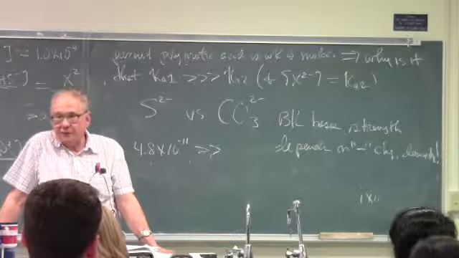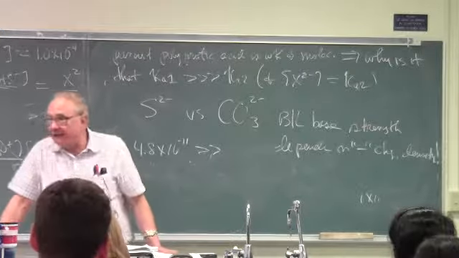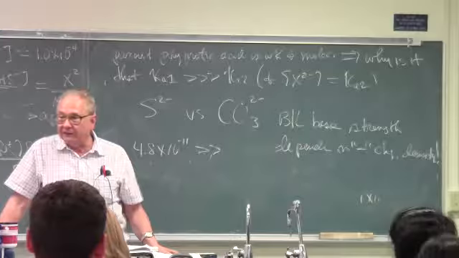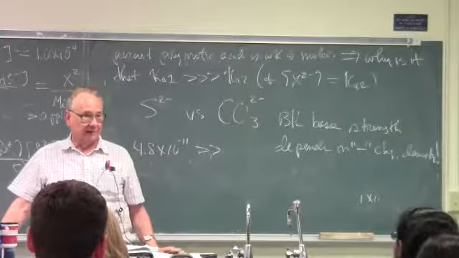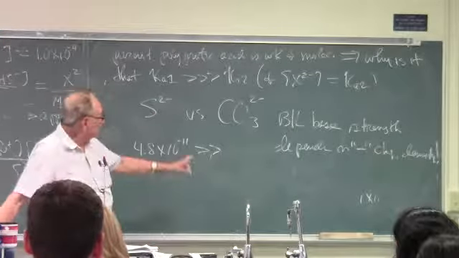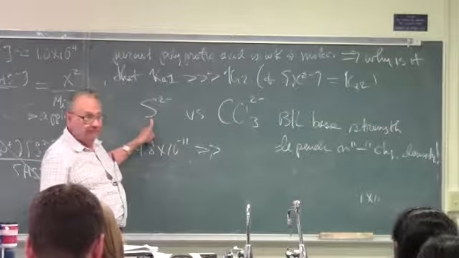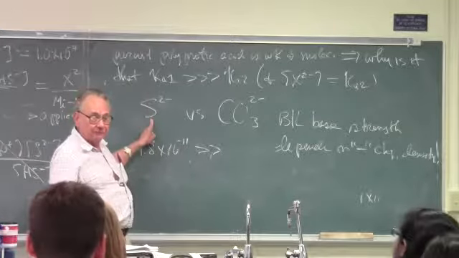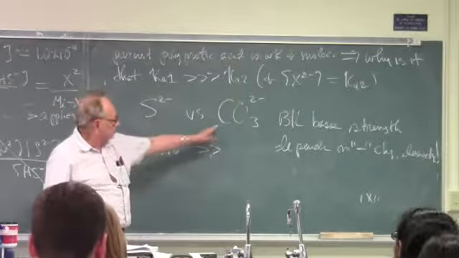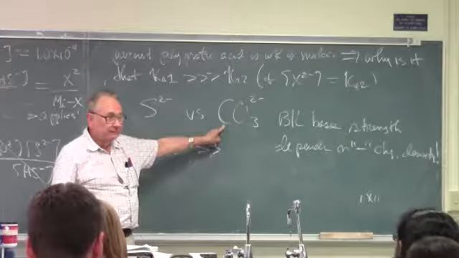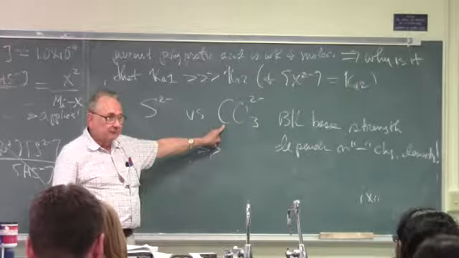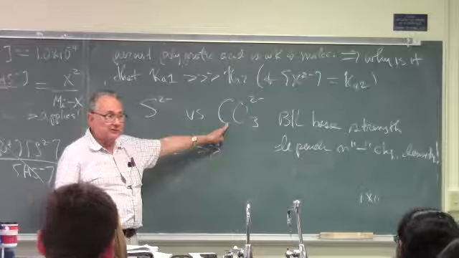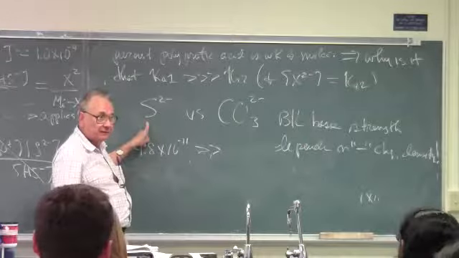If H plus goes in the solution, it looks around for that thing that's got the greatest effective negative charge density. Bang, that's where it goes. I mean, this is monatomic with a charge of minus 2. This is tetratomic. Do you think this has got a negative charge concentration anywhere near this?